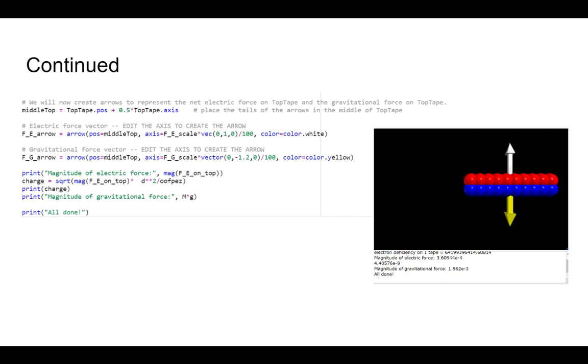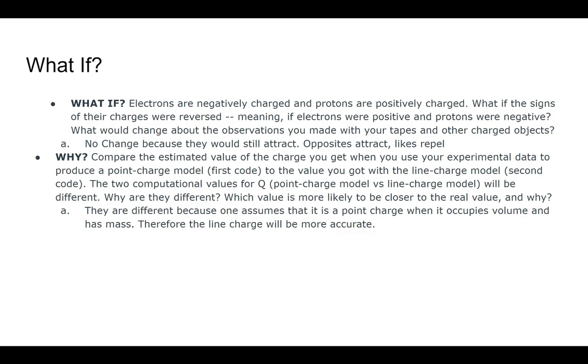We can assume that this model is more accurate because a point charge occupies no volume and has very little mass, while the line charge will have volume and mass. So we assume that the line charge will be more accurate for the data.